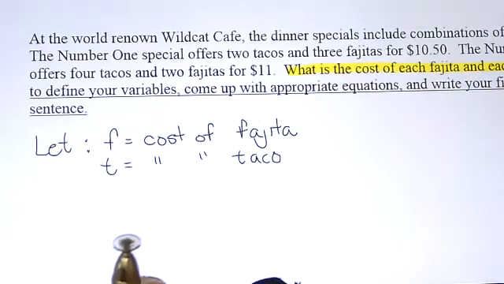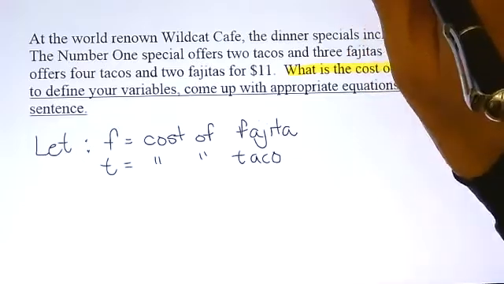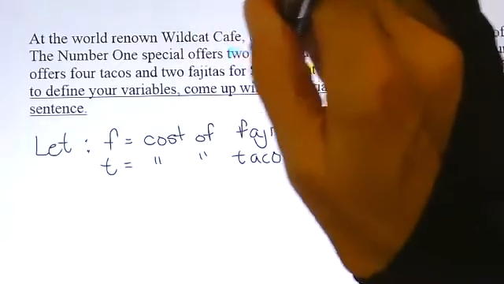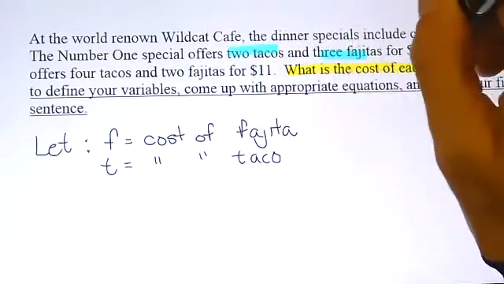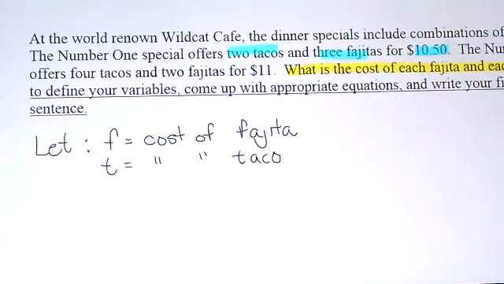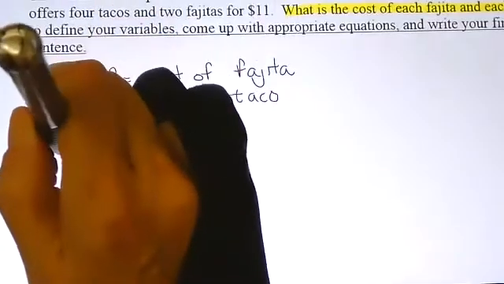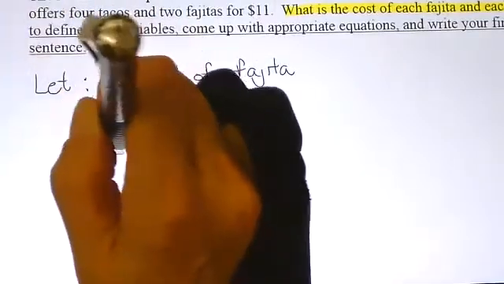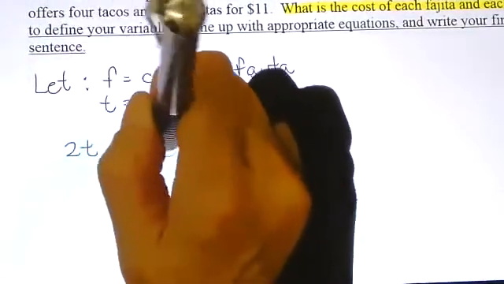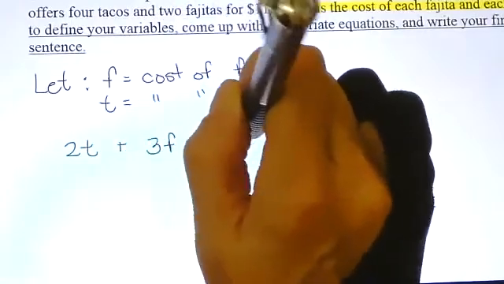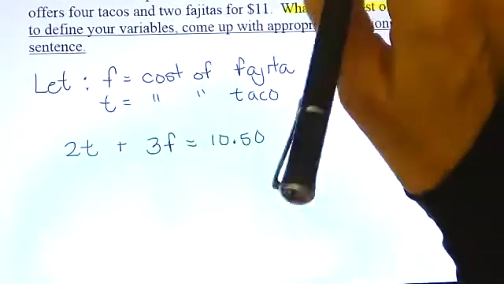Okay, it says the number 1 special, I can get 2 tacos and 3 fajitas for a total price of $10.50. So I'm going to set up an equation for the number 1 special. 2 tacos and 3 fajitas for a total price of $10.50.